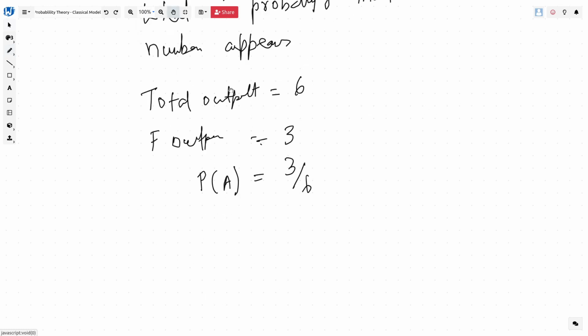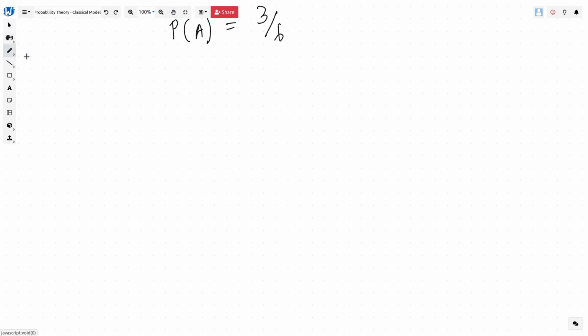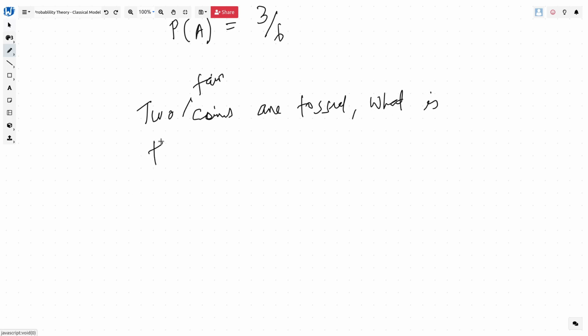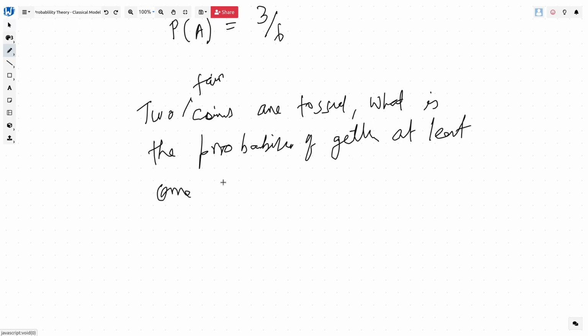Now let's take another basic example. If you toss 2 fair coins, what is the probability of getting at least one head, right?